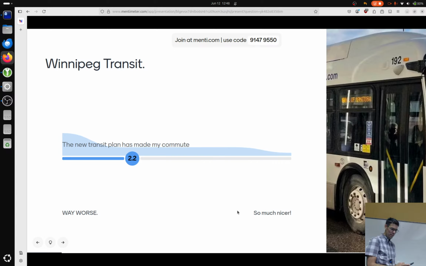Nine one four seven. There. It has made my commute so much nicer. I only have to take one bus, and I feel terrible if it's making your commute much worse, but this means that I can check out on the bus and read a book in the winter instead of driving. I don't really like driving here. I'd much rather take the bus.